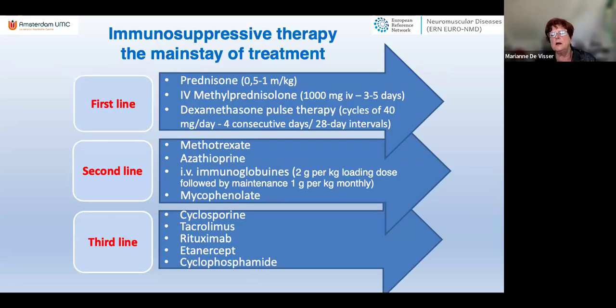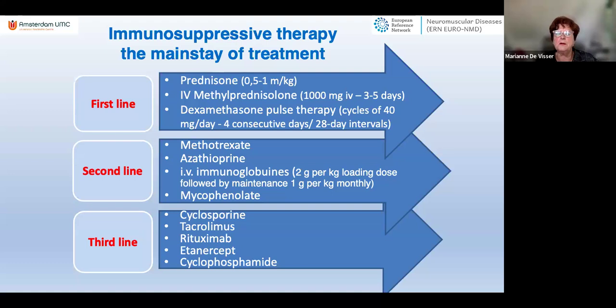The immunosuppressive medication is the mainstay of treatment, and prednisone, and you see the dosage between brackets, is the first drug that is usually administered to patients.